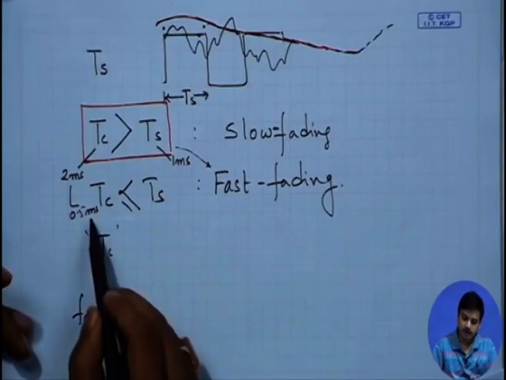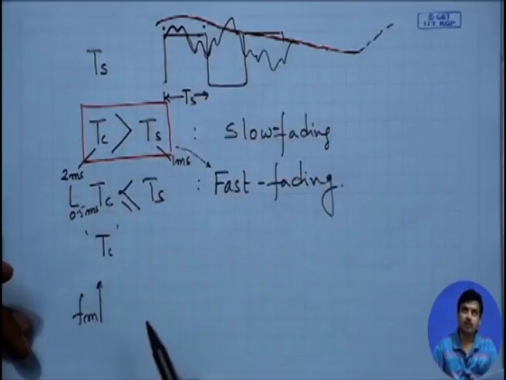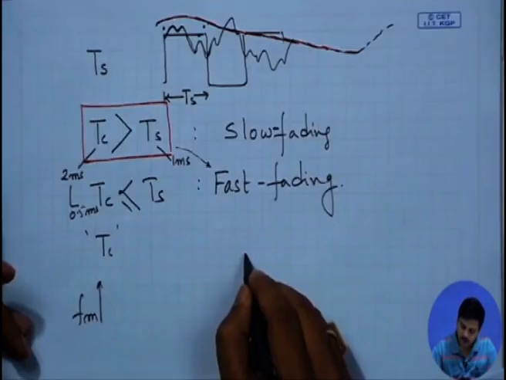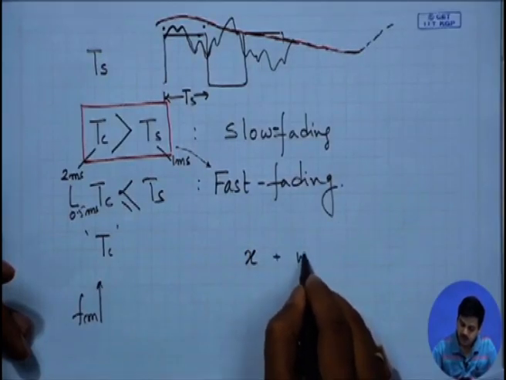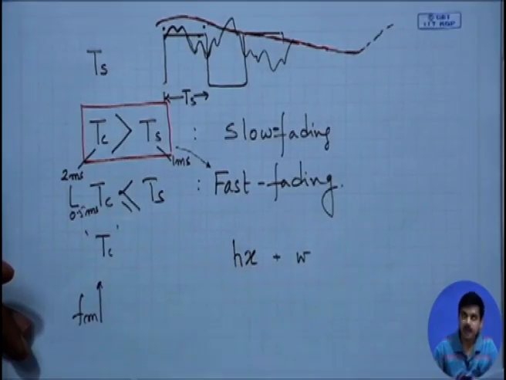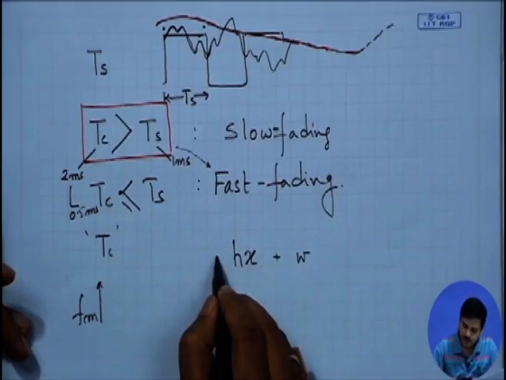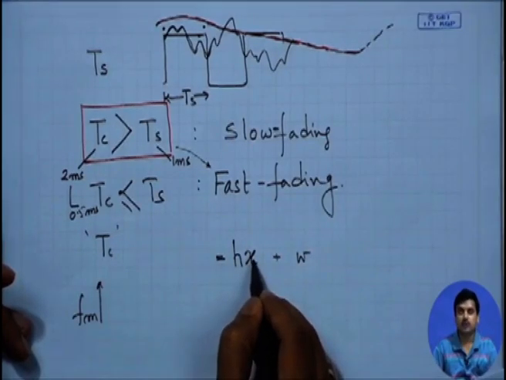Now, when you are in a fast fading condition, that means signal amplitude fluctuates faster than the symbol duration. What is going to happen? Suppose I have sent x, there is of course noise at the receiver, and what we said is in a flat fading condition h gets multiplied. So, in a slow fading condition h would remain the same throughout the symbol duration.